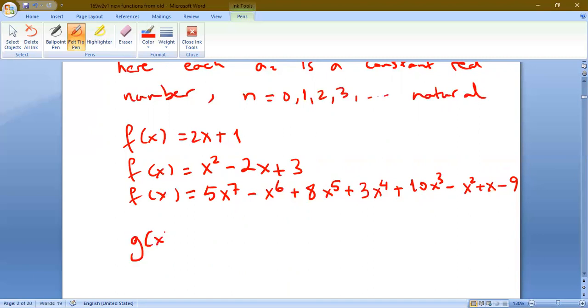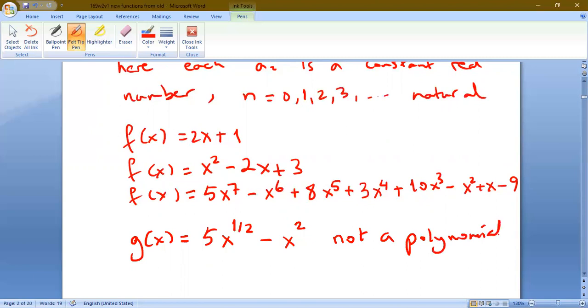However, if we have something like 5x to the 1 over 2 minus x squared, this is not a polynomial. Why? Because one of the power functions we have is x to the 1 over 2.